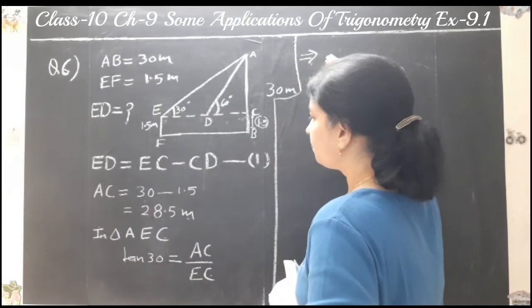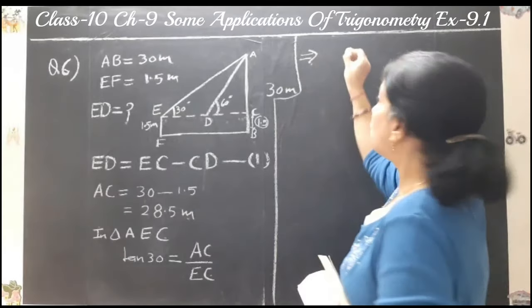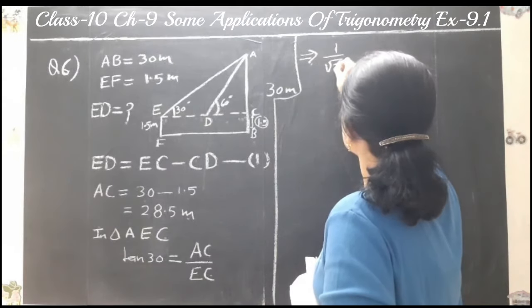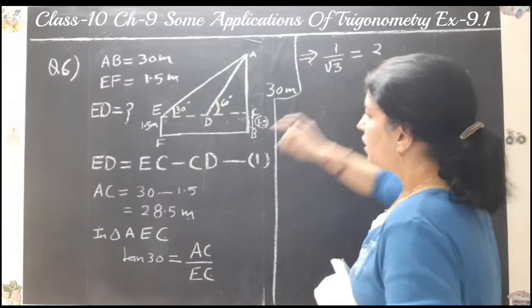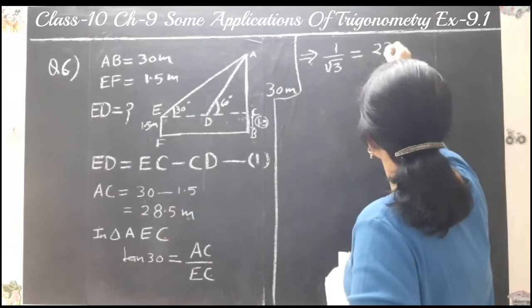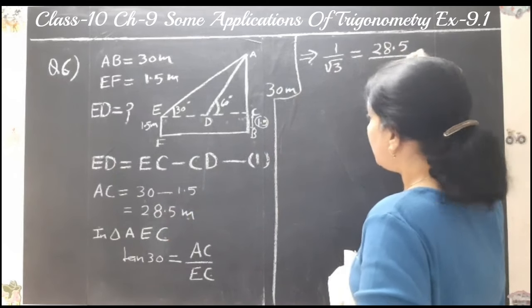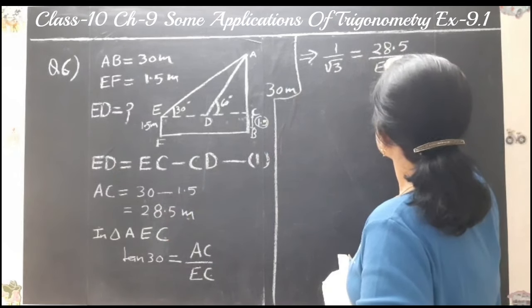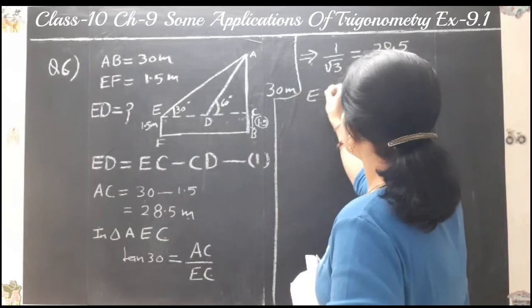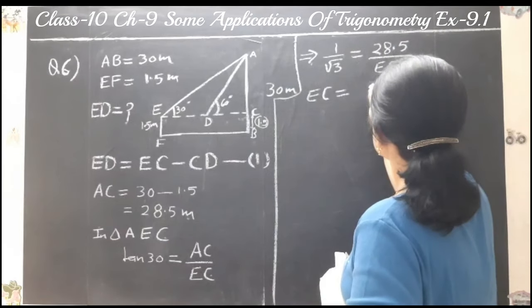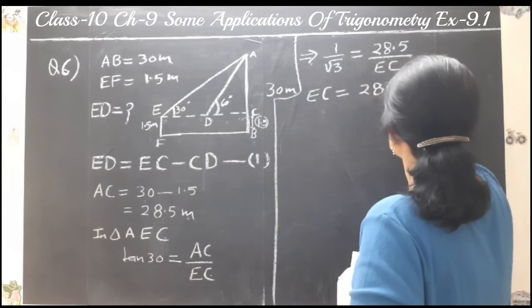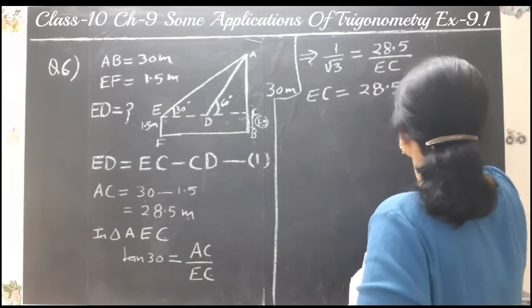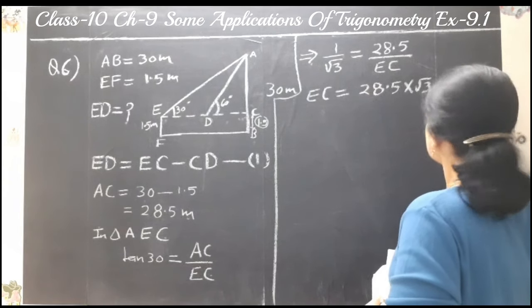Then tan 30 is equal to 1 by root 3. So 1 by root 3 is equal to AC, which is 28.5, divided by EC. So what will be EC? Do cross multiplication. EC will be 28.5 multiplied by root 3. So right here equation 2.